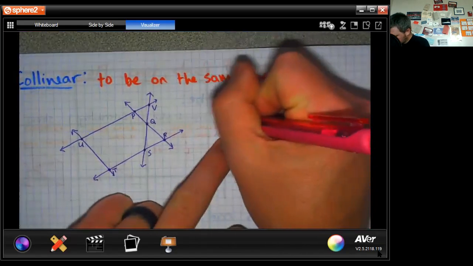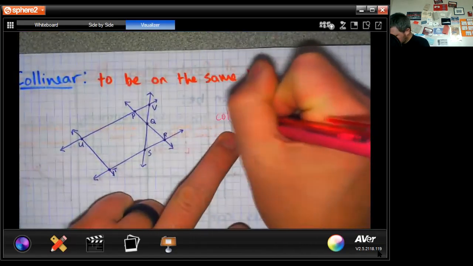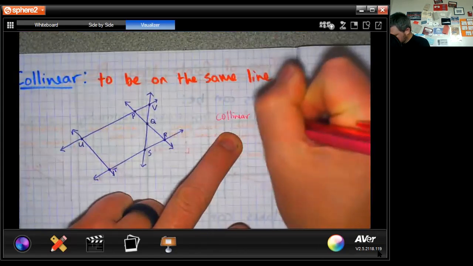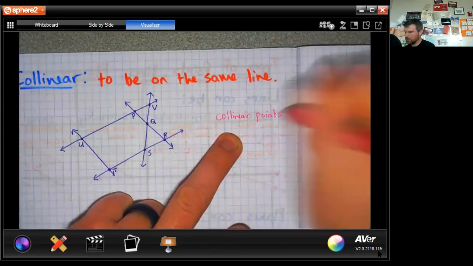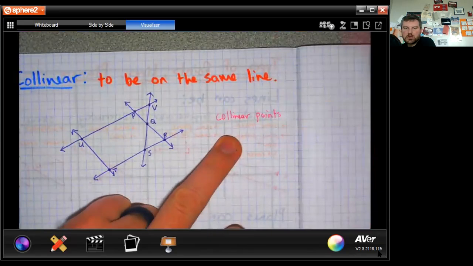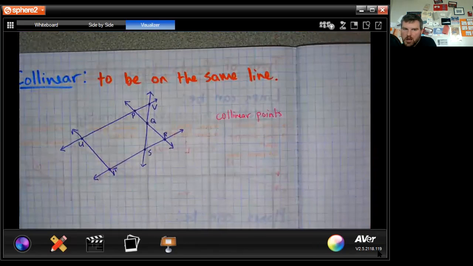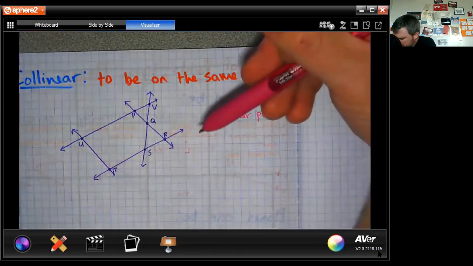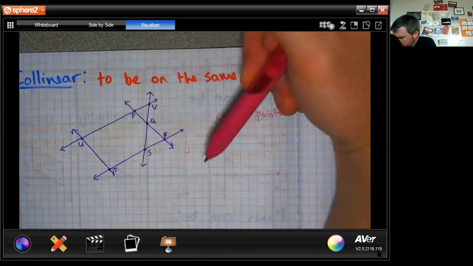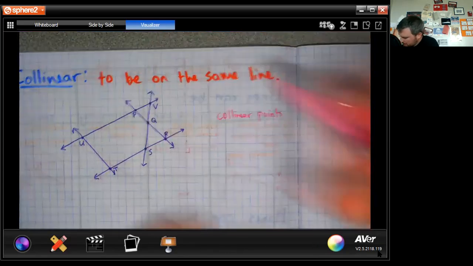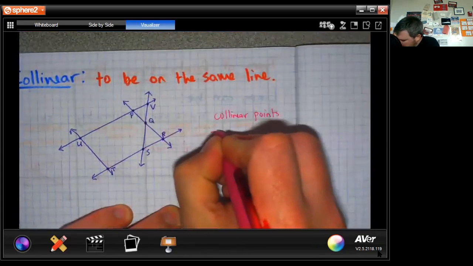Okay, so now let's just name some collinear points. Now, to be collinear points, you're going to want more than 2, because between any 2 points, I can draw a line. Now, obviously, like points U and S are not collinear, but we'll just label some groups here.